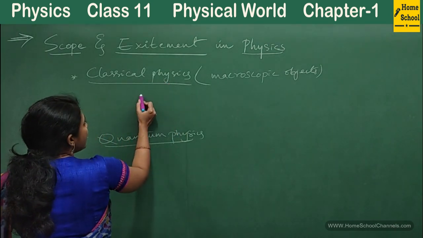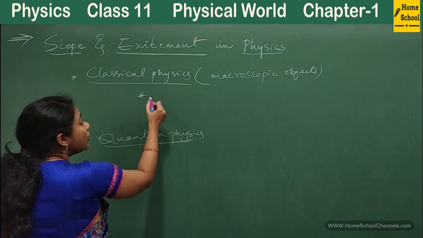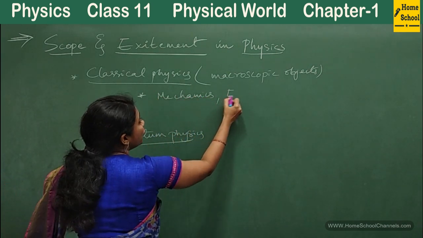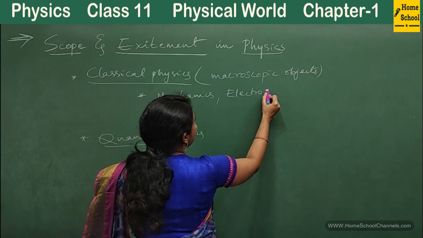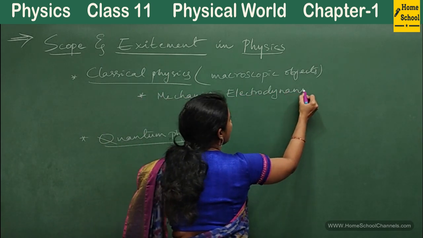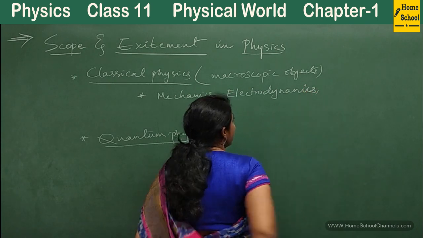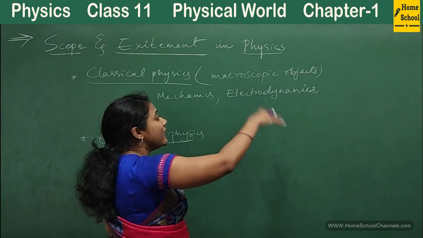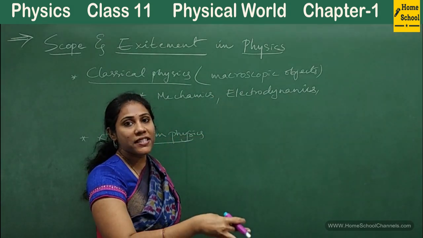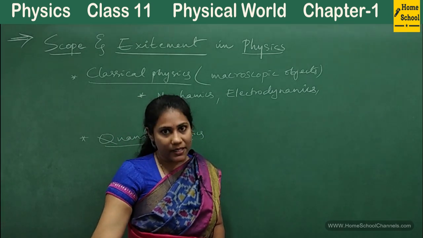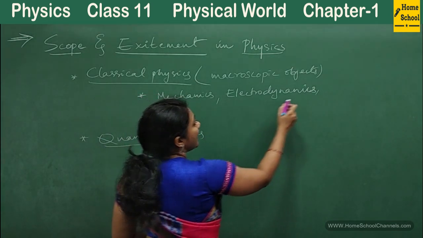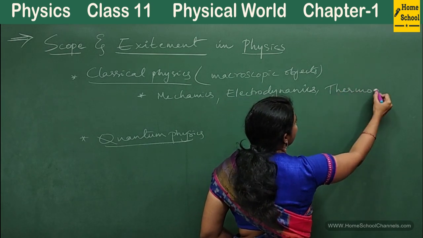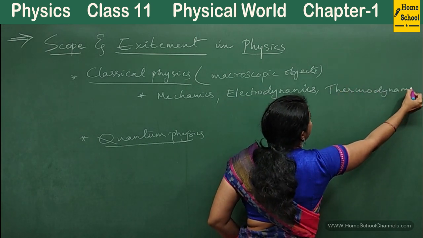Classical physics involves branches or topics like mechanics, electrodynamics, then thermodynamics. All these are branches of physics, guys. These are various topics or concepts of physics which you will study in the later chapters. All of these branches come under classical physics, thermodynamics and optics.